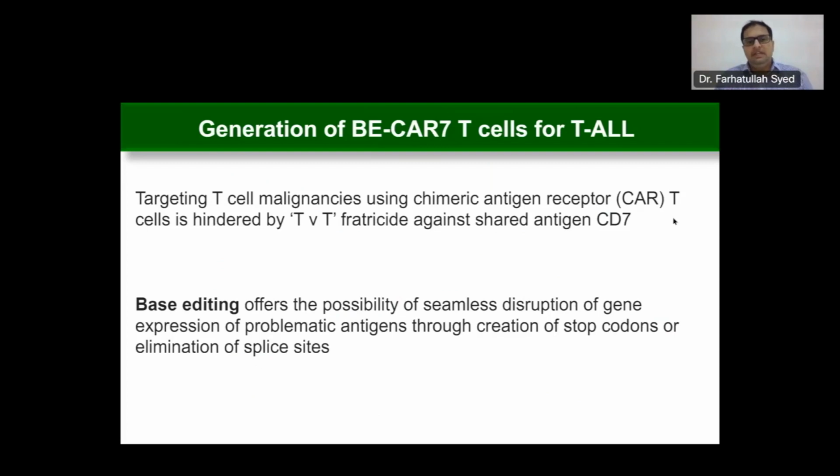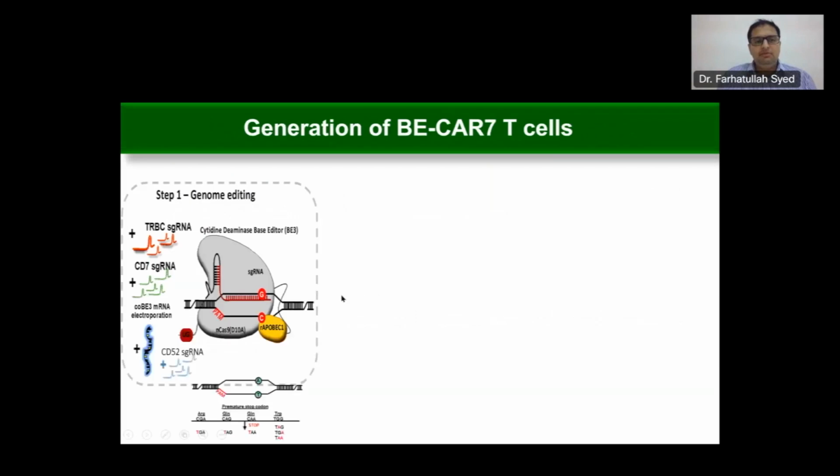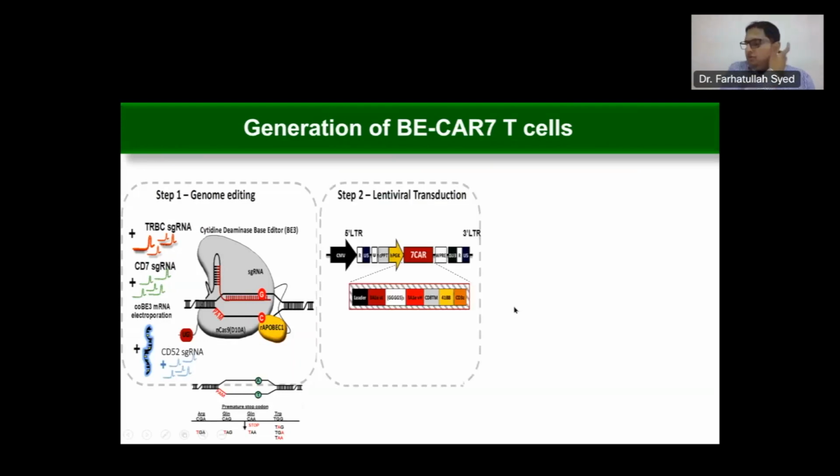However, there is a huge problem here. T cells also have CD7, and they can cause fratricide of each other if the CAR is expressed on them. So we have to remove CD7 first, along with CD52 and TCR, then introduce the CAR to avoid the fratricide.